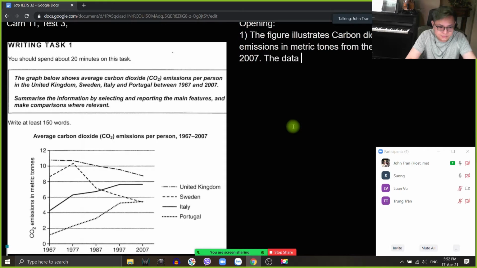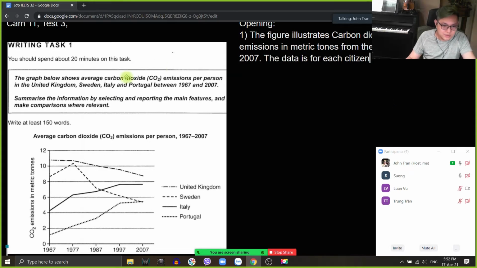The data is for each citizen. Per person means of course it's for each citizen in that country, right? Obviously each person, meaning each citizen of that city or country. The data is for each citizen.